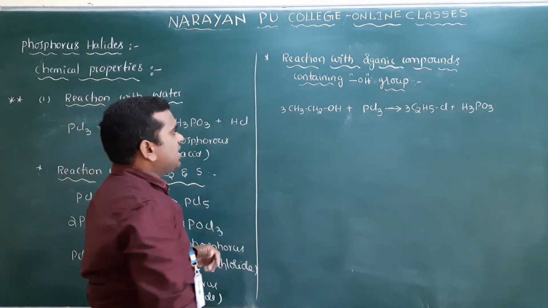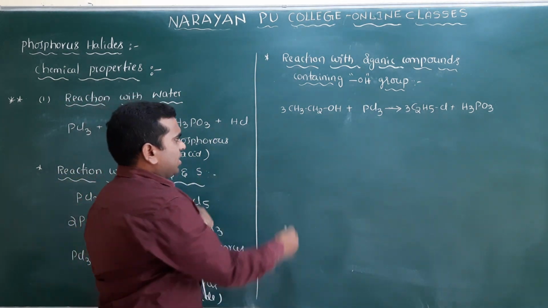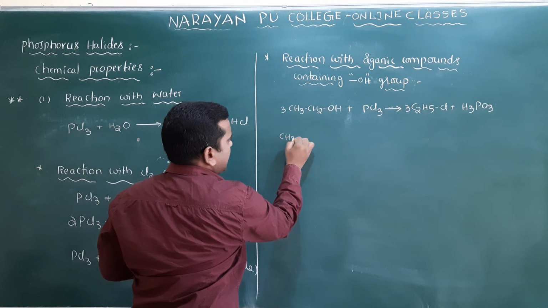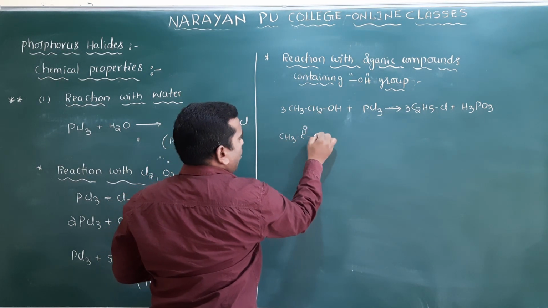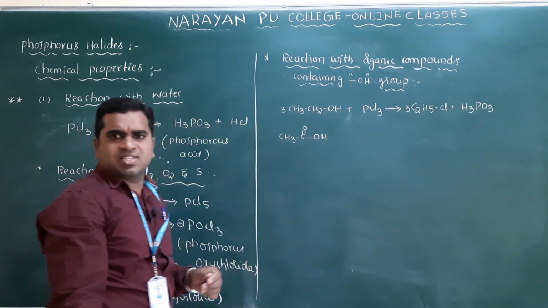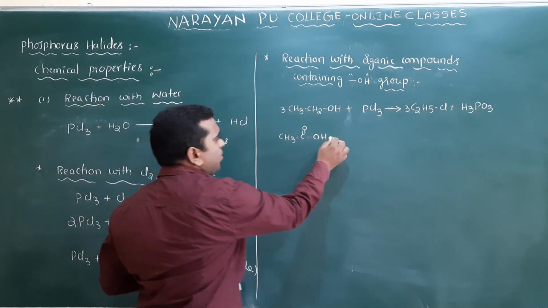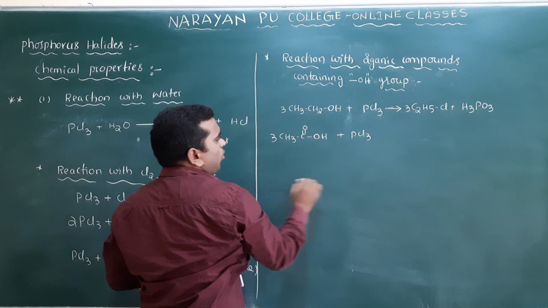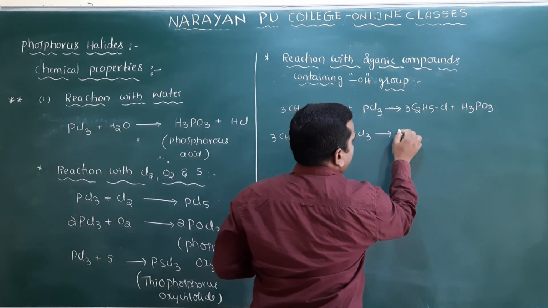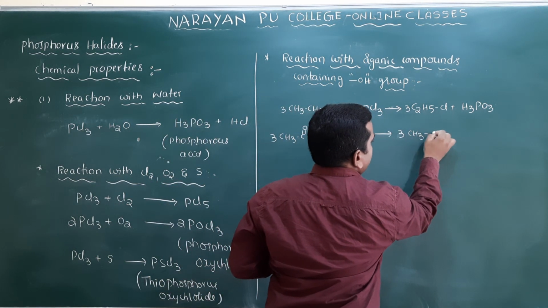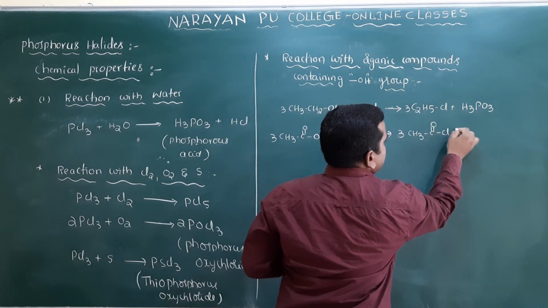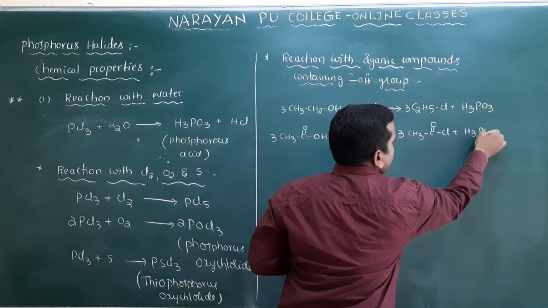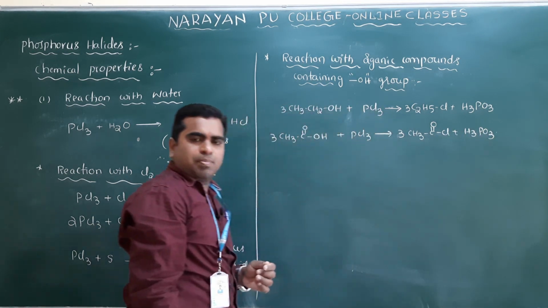In the same way, not only with alcohol, treat CH3COOH also. Take CH3COOH and treat it with PCl3, taking 3 moles, and you will get 3 moles of CH3COCl plus H3PO3.